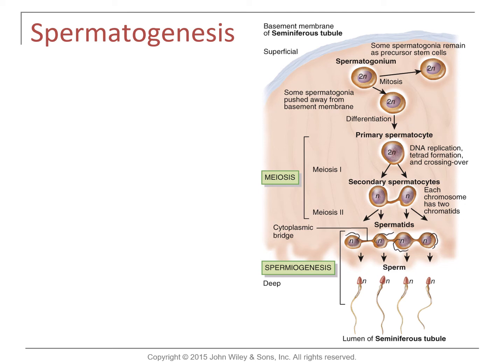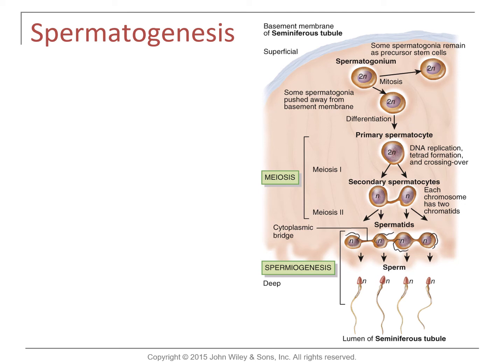So each has 23 chromosomes, but each chromosome has 2 copies of the DNA as chromatids. Then the secondary spermatocytes divide into 2 spermatids each, so you get a full 4 from each primary spermatocyte. Each spermatid has a single copy of each chromosome, but half the number of the total that we began with.